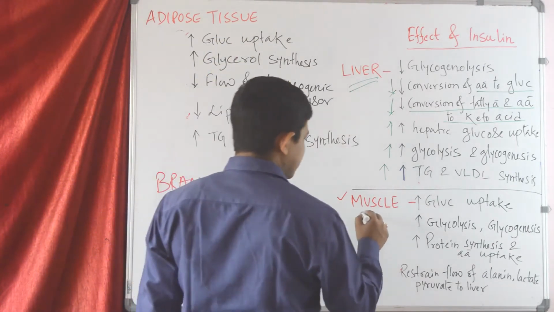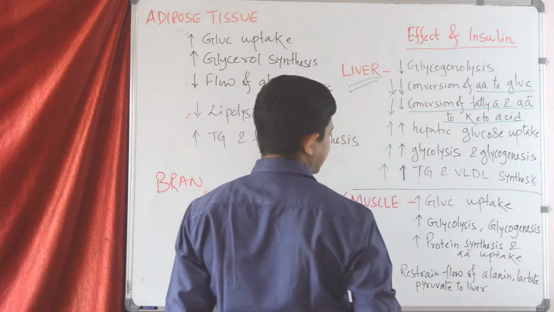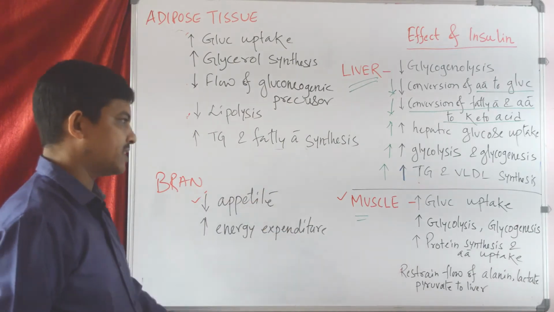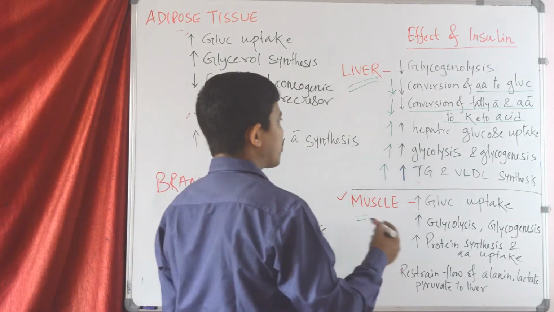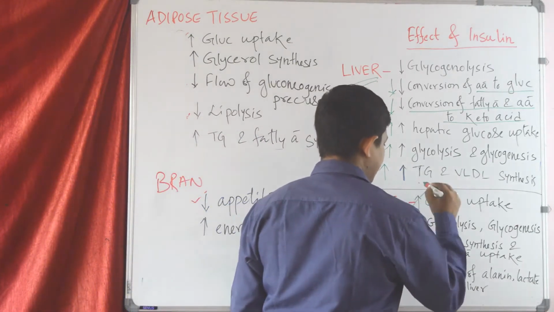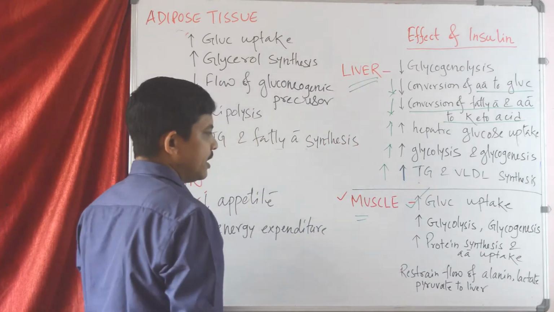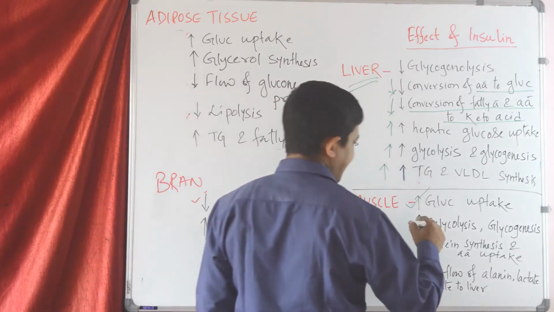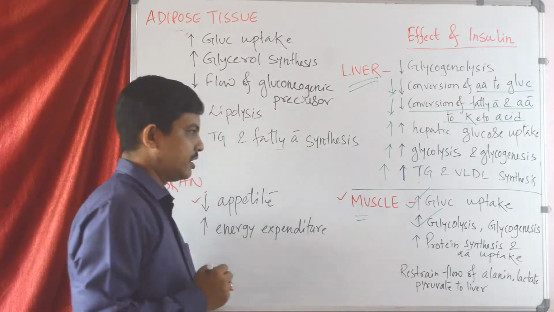Coming to the muscle, in the muscle also, glucose uptake from blood to muscle is promoted by insulin. Glycolysis and glycogenesis are also promoted in the muscle by insulin.